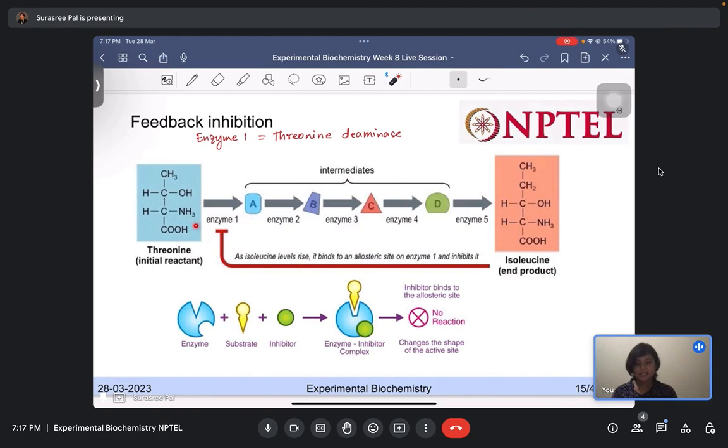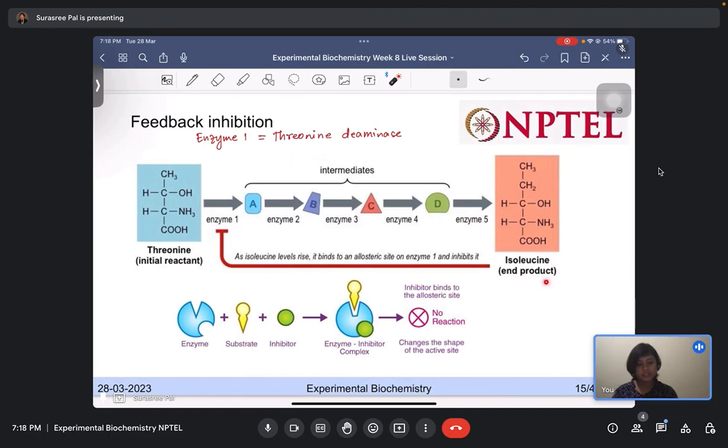Now the first enzyme is threonine deaminase, and this isoleucine is an inhibitor of this threonine deaminase enzyme. So this isoleucine actually binds to the allosteric site of the enzyme, which is threonine deaminase.